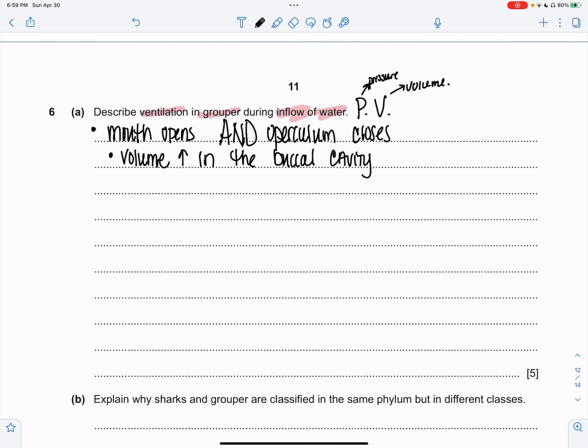Okay, so volume increases in the buccal cavity, or you can say inside the mouth, due to contraction of buccal muscles. I have to think sometimes, how am I spelling muscles? Am I talking about the shellfish or am I talking about a body?